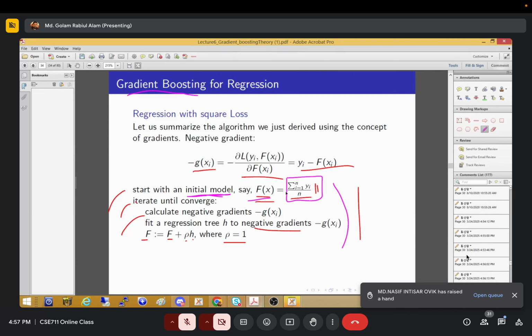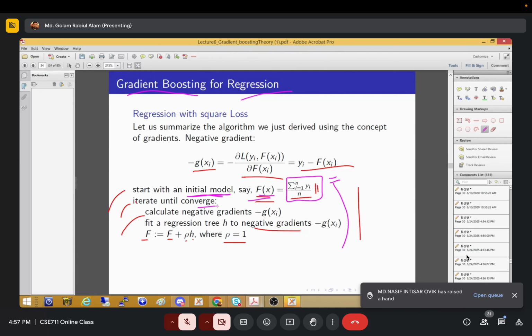For a regression problem, if we apply the averaging method, the sum of all the y values divided by n provides the initial model. The average is a very simple prediction, so that can be considered our initial model, and iterate until convergence.